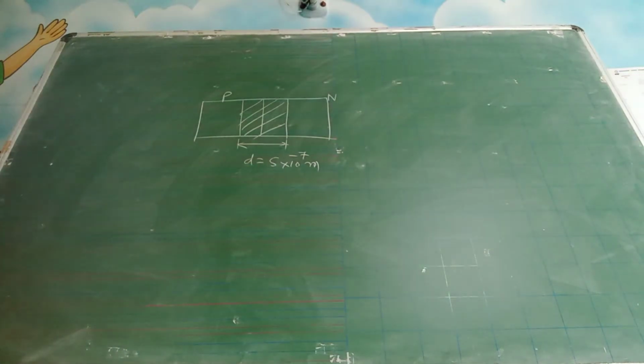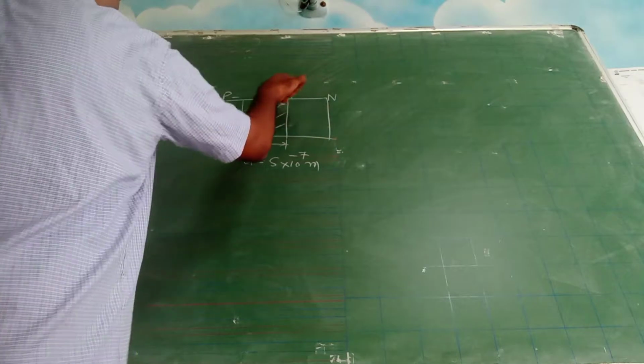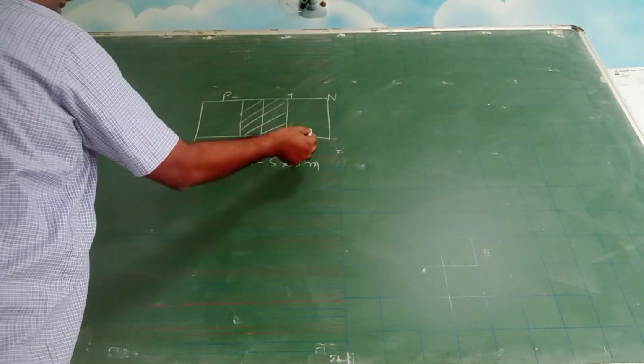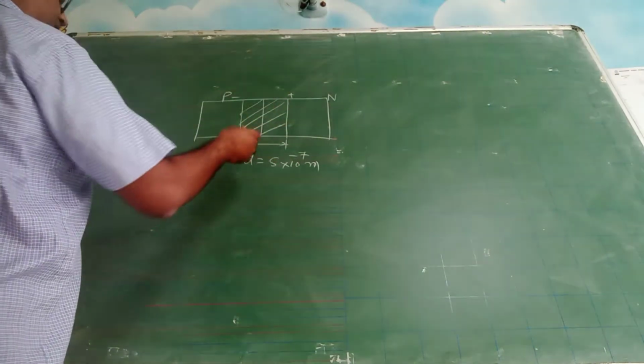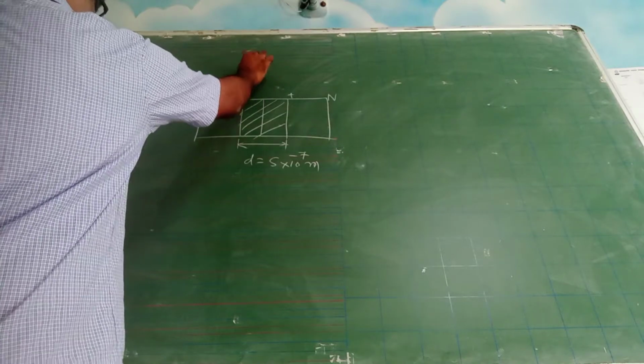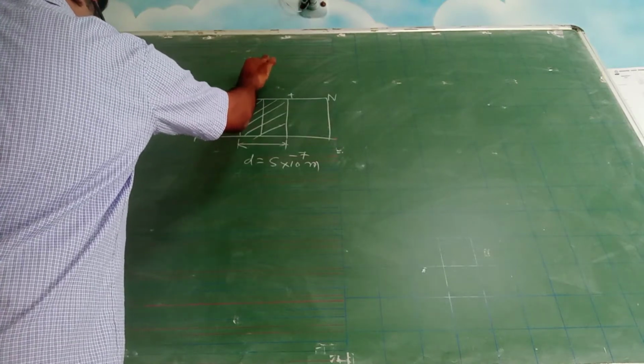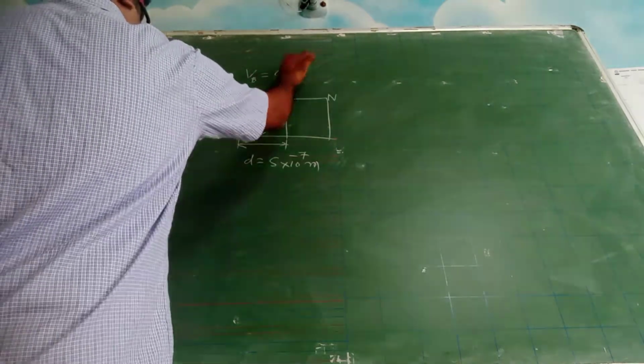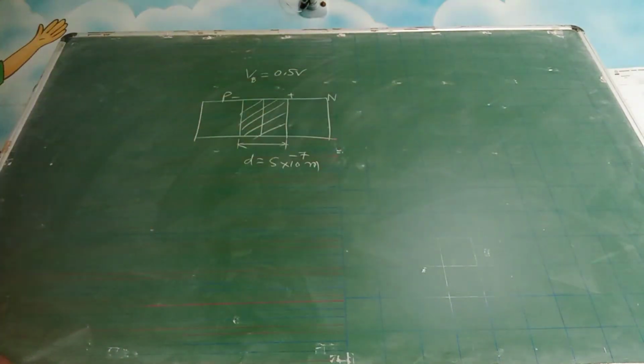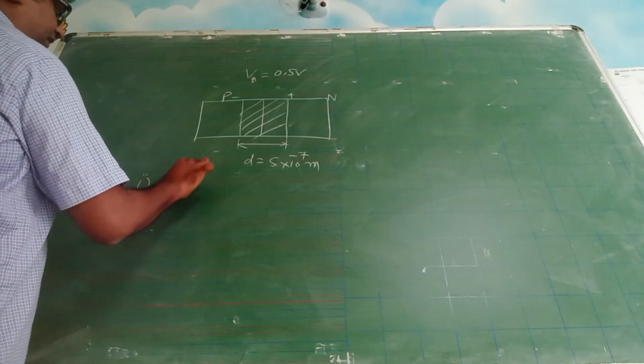Okay. So here there is a potential barrier. This is silicon. So for silicon, let us say the potential barrier is given as 0.5 volts.